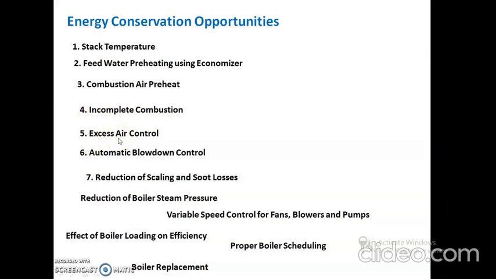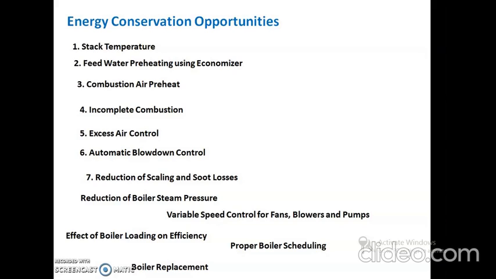Then excess air supply, of course. While boiler tuning, you have to check that if you are increasing the air supply to reduce the carbon monoxide percentage, be careful while choosing the excess air percentage, because excess air in excess is also not good as far as boiler performance is concerned.